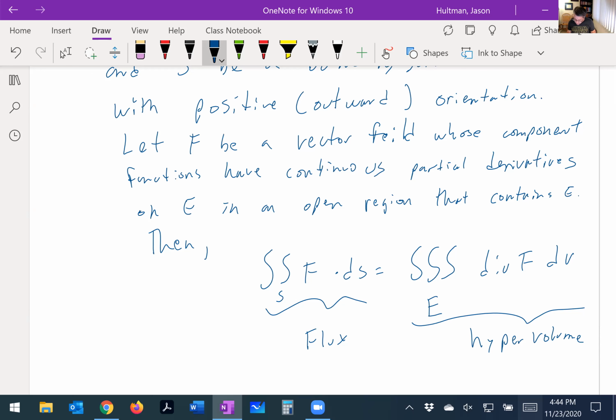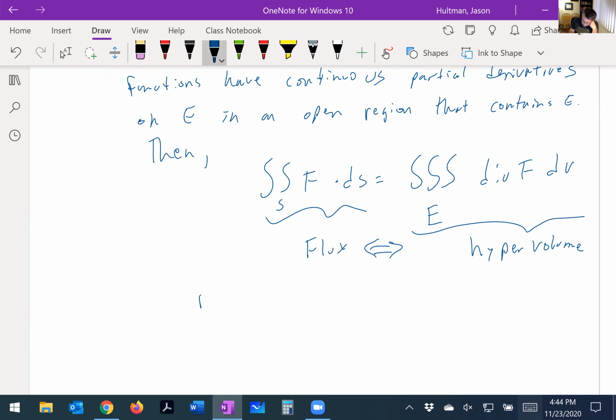So we can go from flux to the hypervolume or vice versa. Recall that the divergence of F is equal to dP/dx plus dQ/dy plus dR/dz. That's divergence.